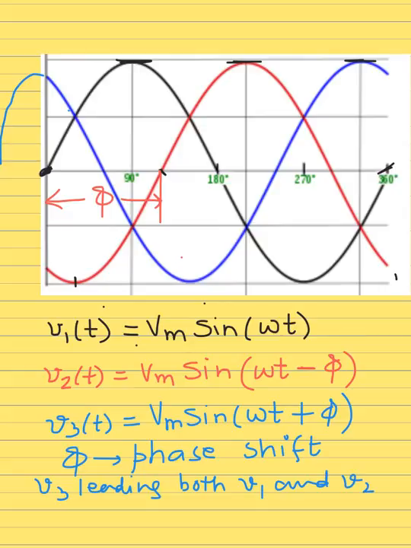You can say here V3 is leading V1, which is the black signal, by an angle of phi only. But at the same time, if you compare for V2, which is red, it's leading by 2 phi. Okay, it's leading by 2 phi.